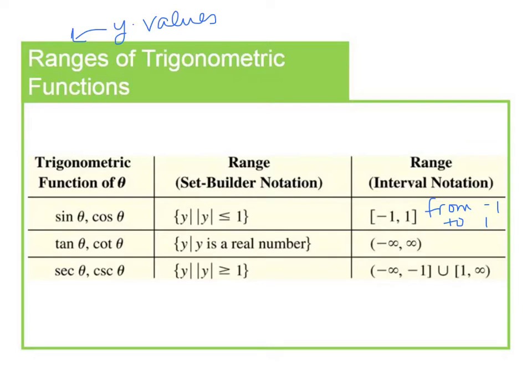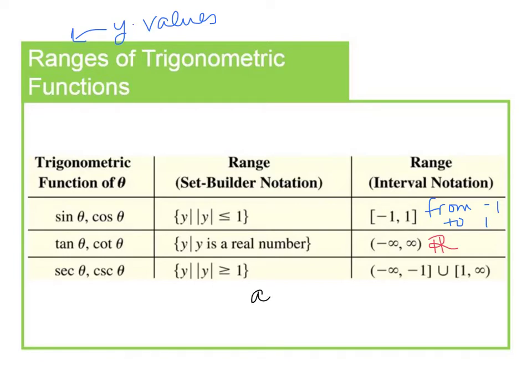Tangent and cotangent can be anything. That's what this means. All real numbers. Tangent and cotangent from -infinity to infinity. That's pretty simple. The harder one to remember are secant and cosecant. They can be anything except from -1 to 1.